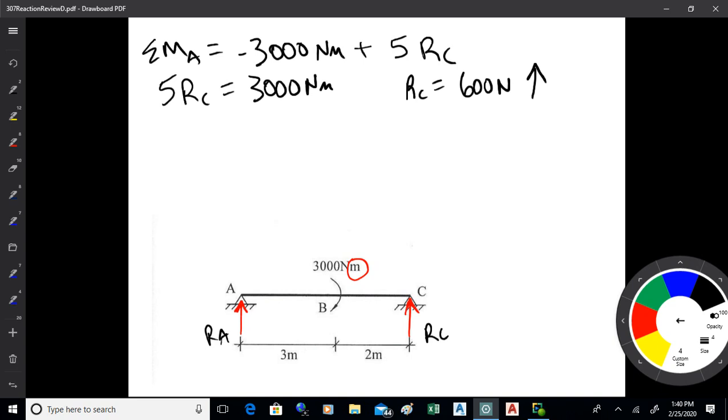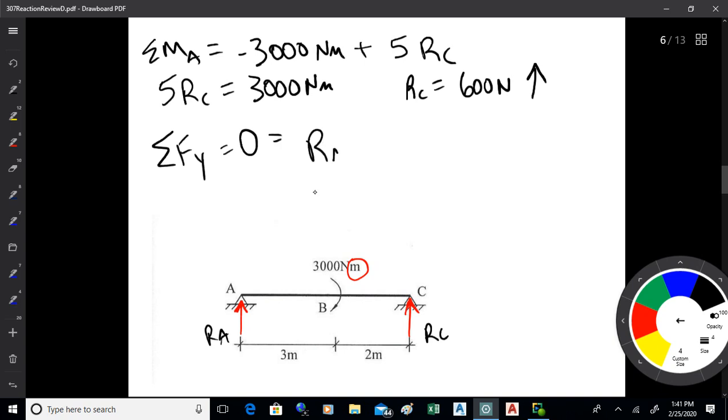Do a sum of Fy and see what you come up with for RA. What do you do with that couple in the force equation?